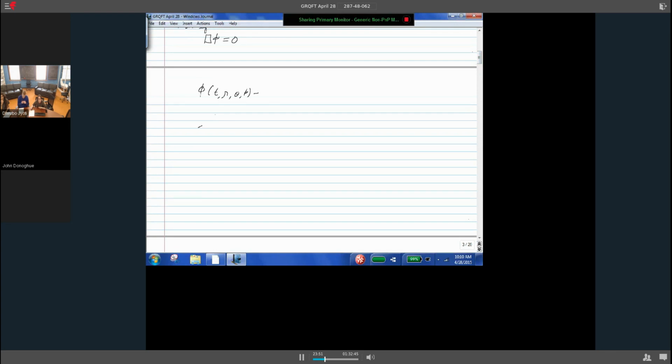The wave equation, so we have box phi is equal to 0. That's what we're solving. We're going to do one of the calculations in usual 3 plus 1 dimensions.